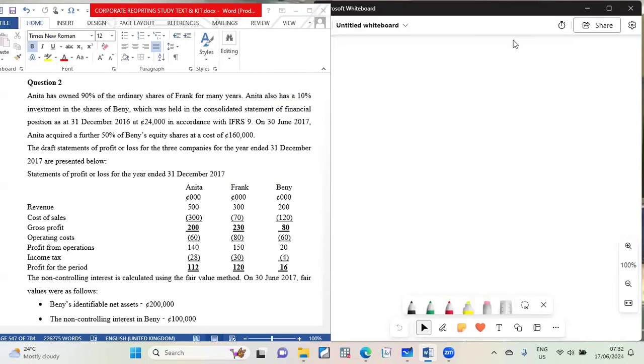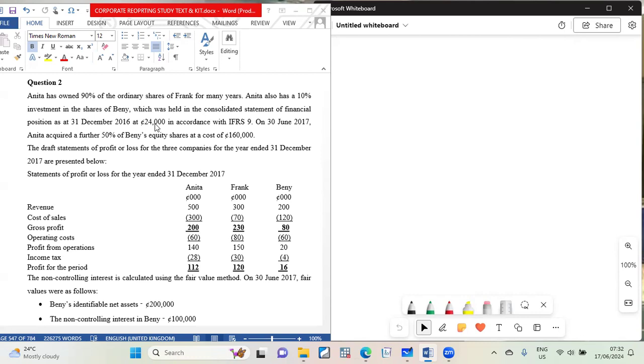So here we go. This one says that Anita owned 90% of ordinary shares in Frank for many years. Anita also had a 10% investment in Benny, which was held in the consolidated statement of financial position as at 2016 at 24,000.